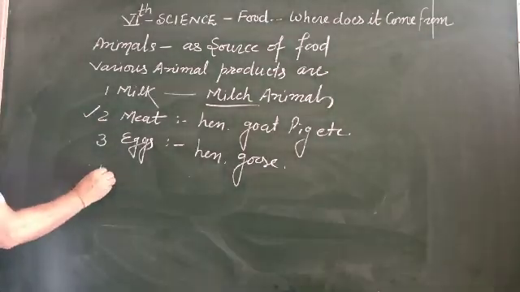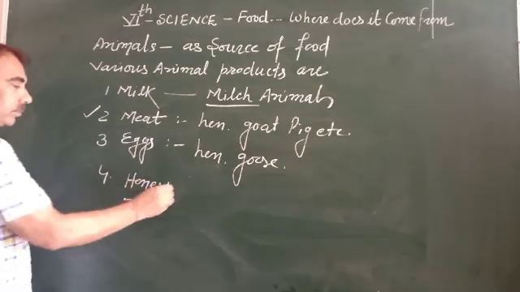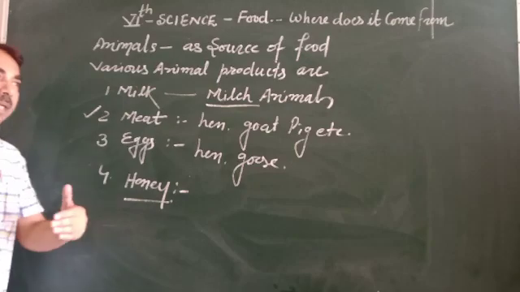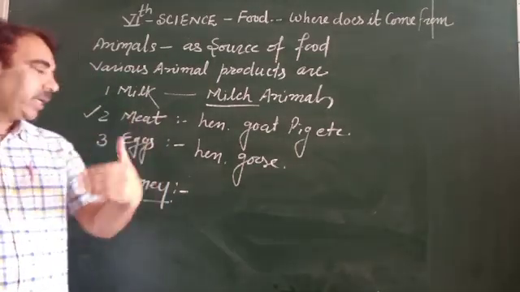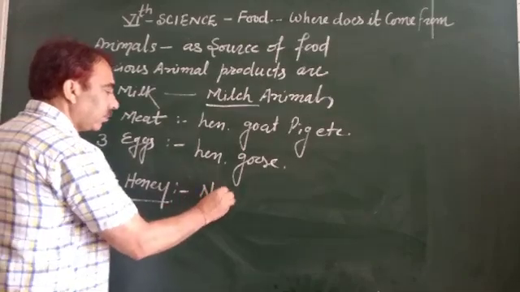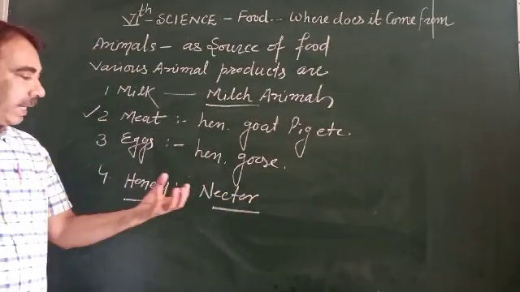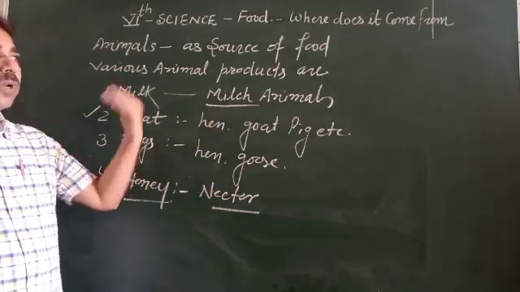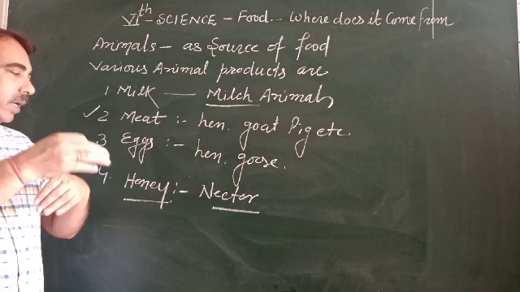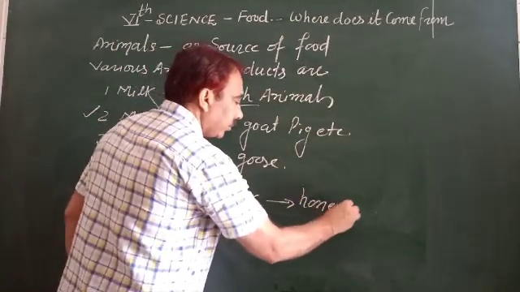Last, we can discuss honey. Honey is provided by honeybees. Honeybees collect nectar from flowers. This nectar is a sugary liquid. They collect nectar from flowers and convert the nectar into honey.